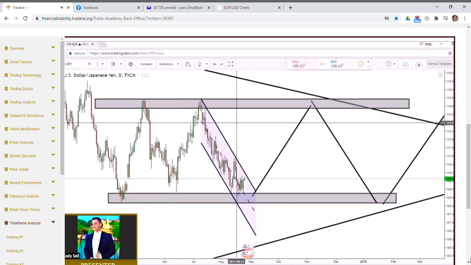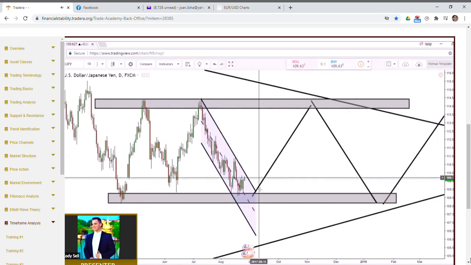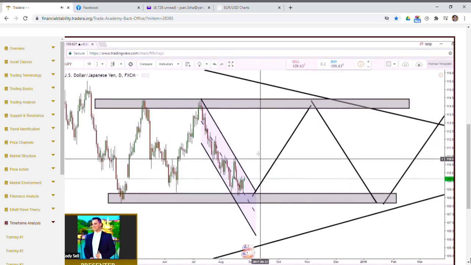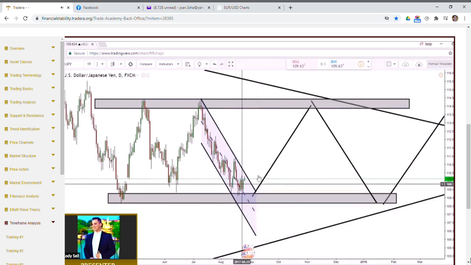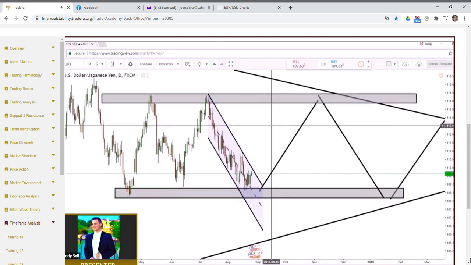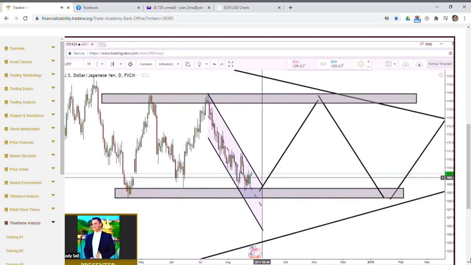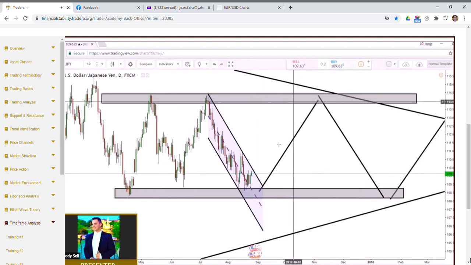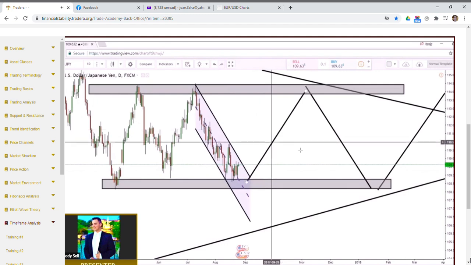So you guys can see price has been flowing in this channel down to support. So in order for our trade setup to validate, okay, so our trade plan where we expect price will rise up to this resistance before falling again, what do we need to see? We need to see a break and retest of this channel and a continuation to the upside. Okay, that's what we're really looking for here before we enter any long trades.